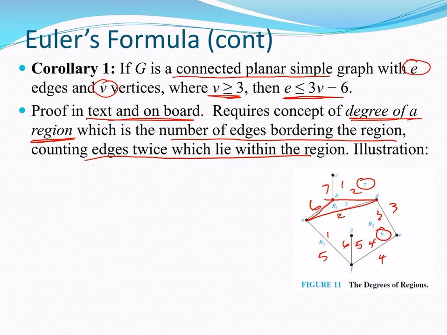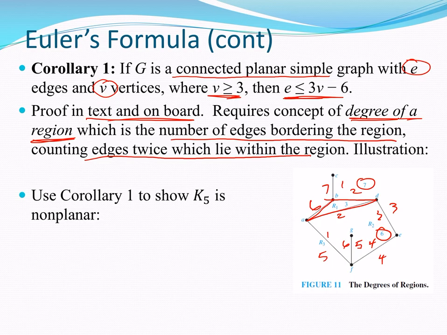All right, before we do the proof, let's make a quick application, and we want to show that K5 is not a planar graph. We'd shown earlier that K3,3 is non-planar. K5 is the complete graph with 5 vertices, and it looks like a pentagon with a star inside of it, like that.